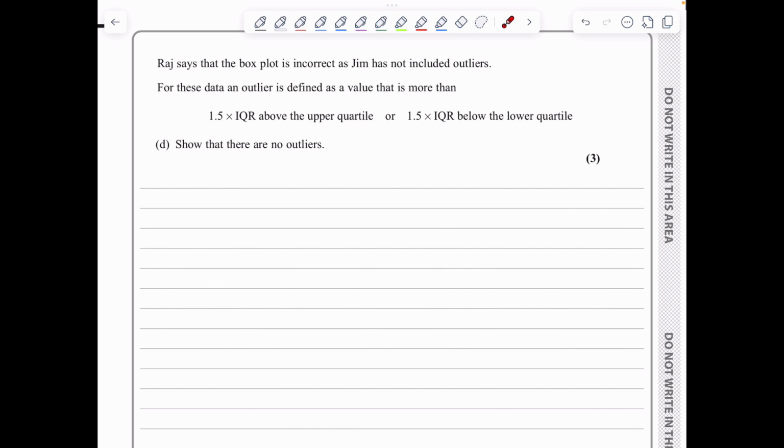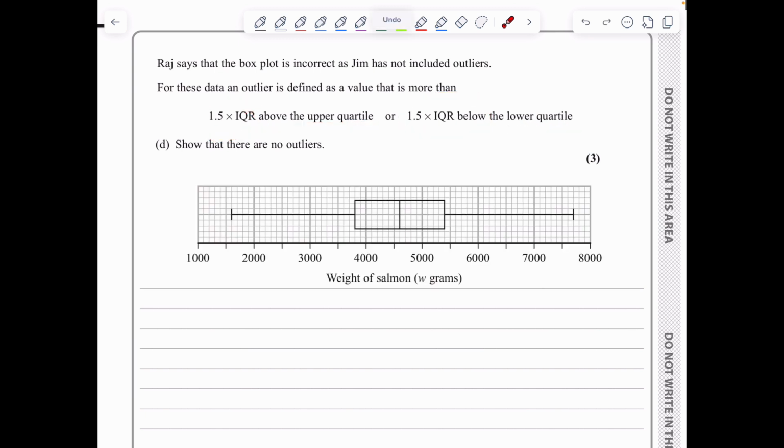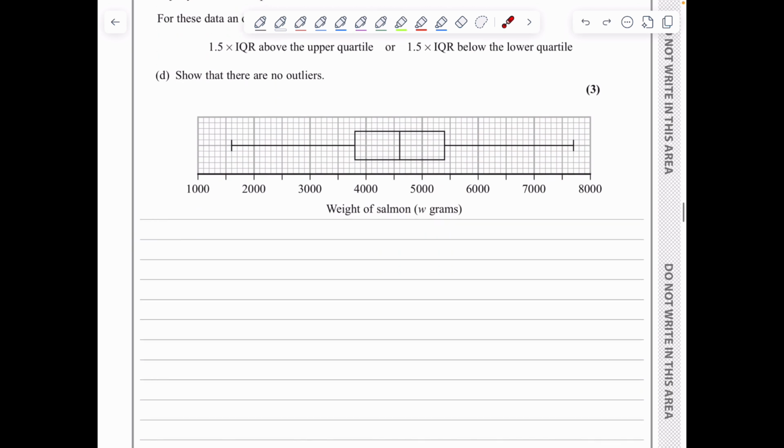We're then given a rule for identifying an outlier. It's anything that lies 1.5 times the interquartile range above the upper quartile, or more than 1.5 times the interquartile range below the lower quartile, and we need to show that there are no outliers. Well, let's look at our box plot. We can easily see from the box plot that the lower quartile Q1 is equal to 3,800.